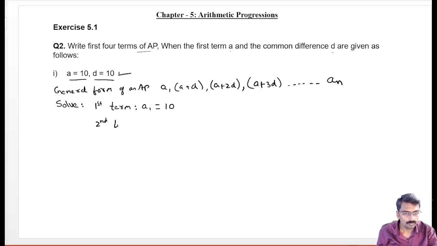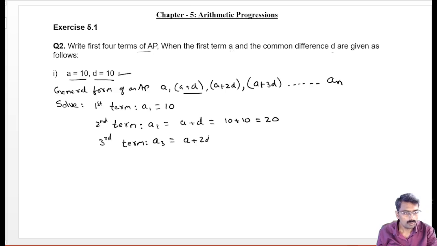Second term is given by a2, that is equals to a plus d, which is given here. So that is equals to 10 plus 10, which is 20. And third term a3 is equals to a plus 2d. This is the form.